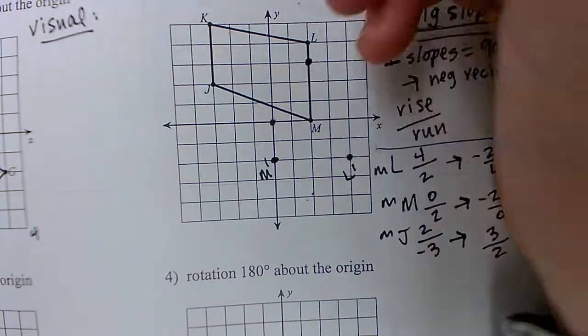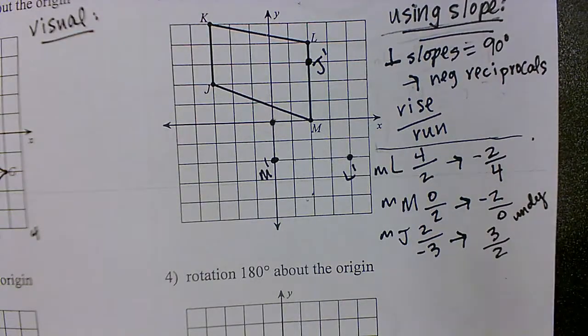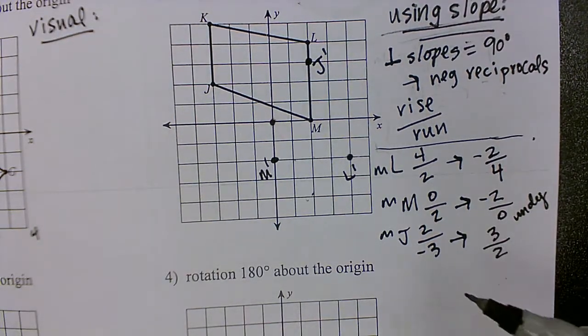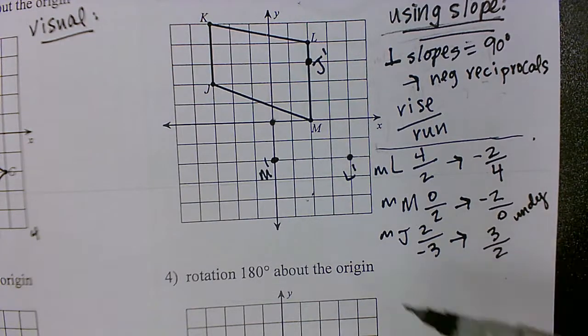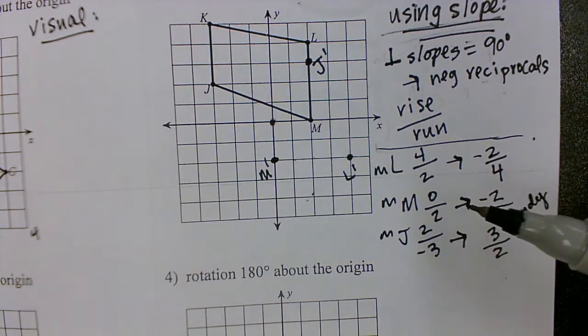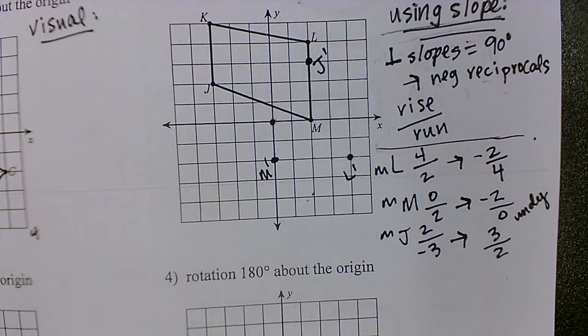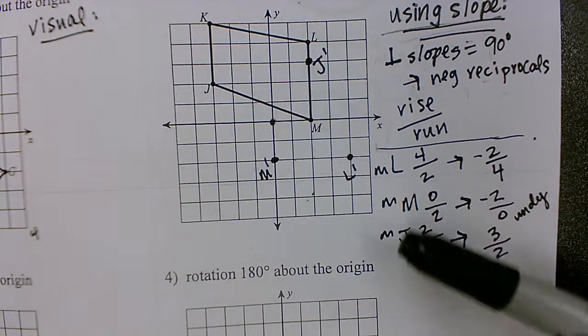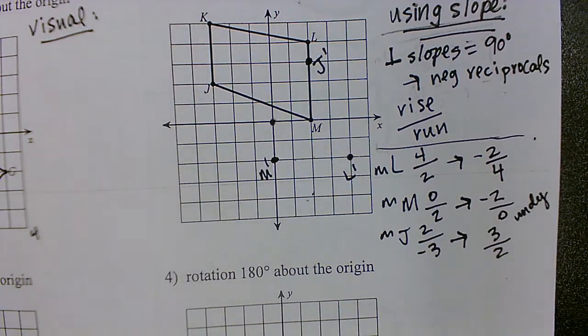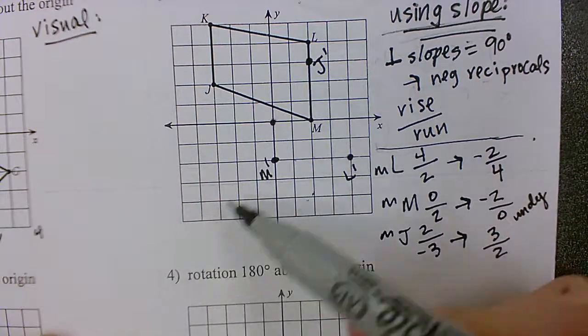And that is my point J prime. Okay, when my original one is negative, before I do the negative reciprocal, we treat that just like we would anytime we do a negative reciprocal. So that doesn't matter which one it's attached to, we're just getting rid of that negative. Okay, the only other opposite of this I can do would be a negative 3 over a negative 2 in the case that we need it to be down here, but we don't.